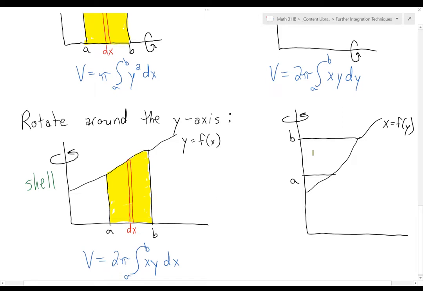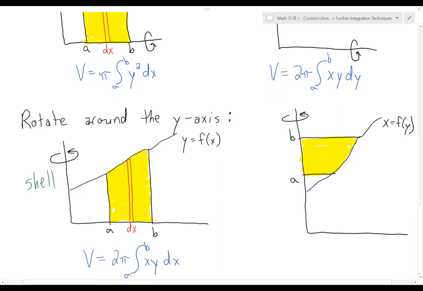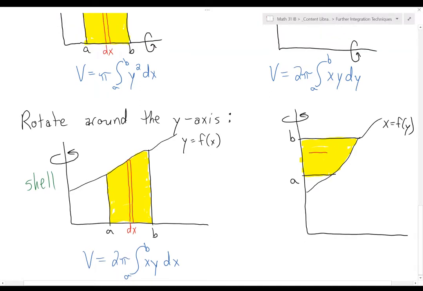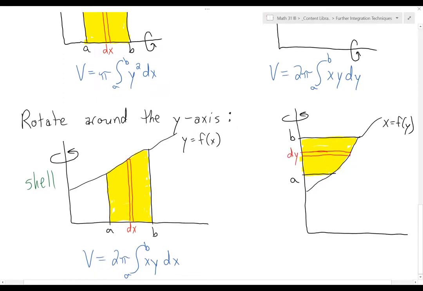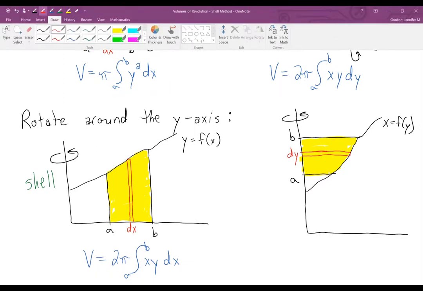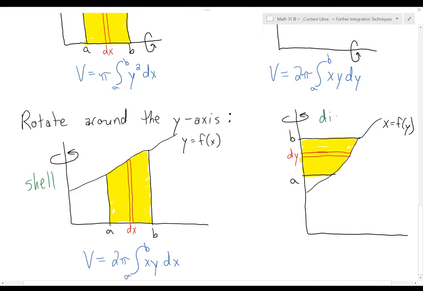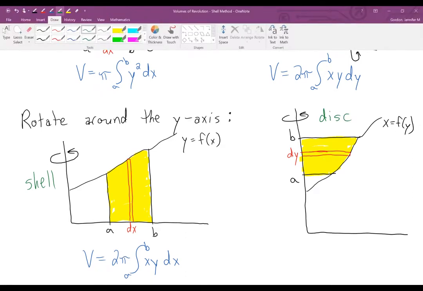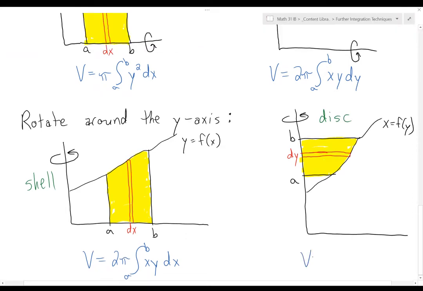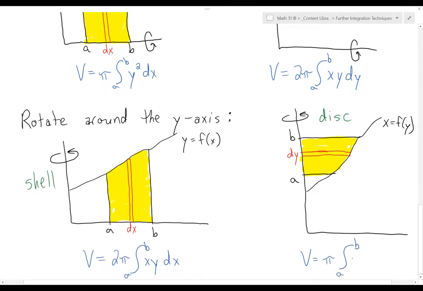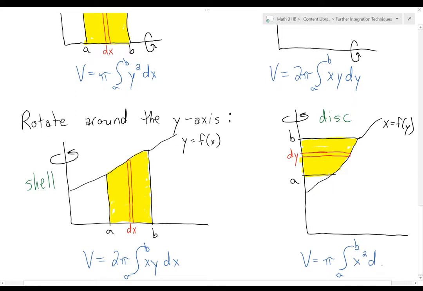In other words, it makes the most sense to take my slices perpendicular to the axis of rotation, which in this case would mean I'm using rectangles with a width of dy. If my slices are in the same variable as the axis of the rotation, then this is a disks situation. And my volume is going to be pi times the integral from a to b of x squared dy.